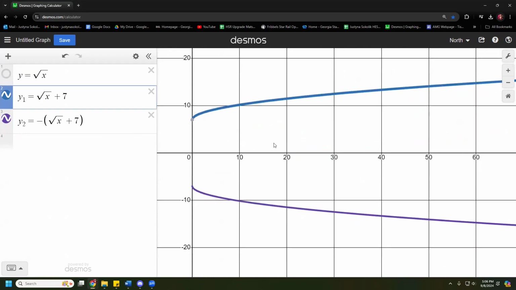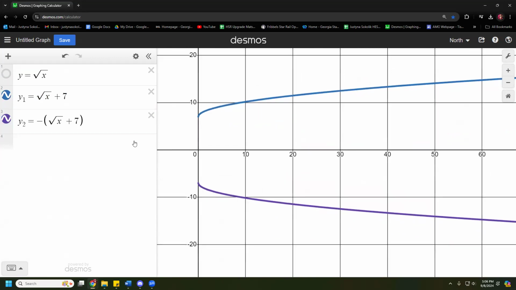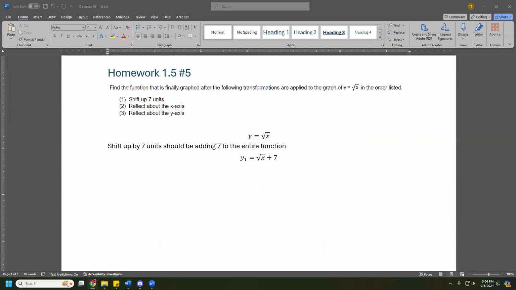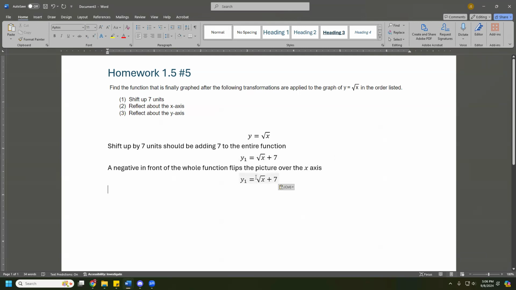But you can see from the blue one to the purple one, that negative in front of everything did the flip that I wanted it to do. Okay, so my next note: a negative in front of the whole function flips the picture over the x-axis. Okay, so then my y2 ended up looking like this.